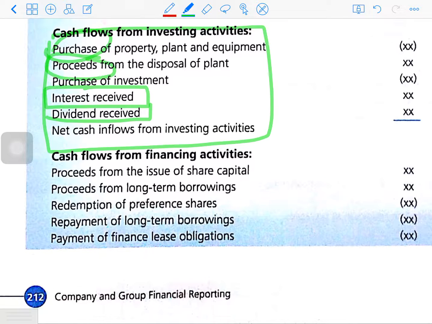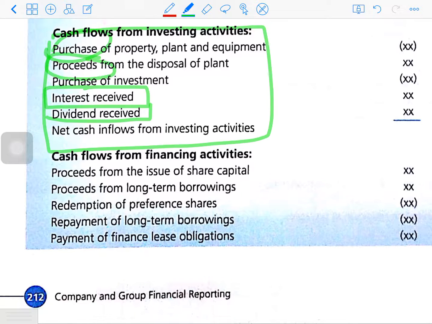Okay, cash flows from financing activities. Let's just take a look here. You don't need to read the text or the theory behind it. Normally, activities under financing activities relate to where you are getting money from, the sources where you finance your company, right?